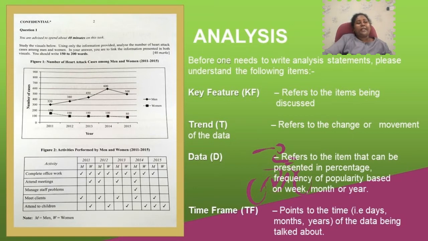Before one needs to write analysis statements, you need to understand the following items. The first thing, key features, KF, refers to the item being discussed. Trend refers to the change or movement of the data.